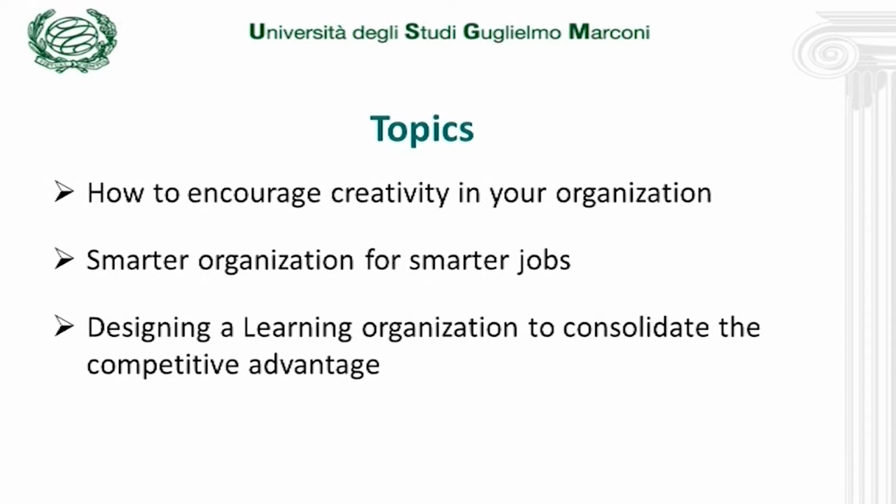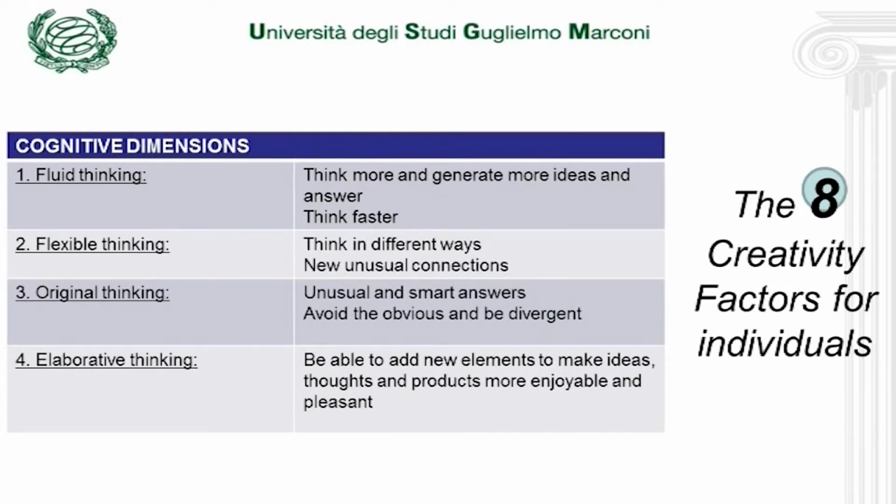And here we will very shortly introduce the Nonaka and Takeuchi model on the learning organization. So, eight creativity factors for individuals, starting from individuals and arriving at the organization. The cognitive dimensions of creativity are fluid thinking, the idea that the more you think, the more ideas you can create.